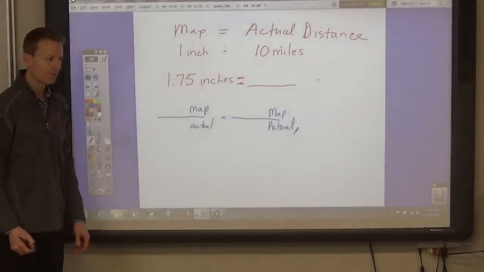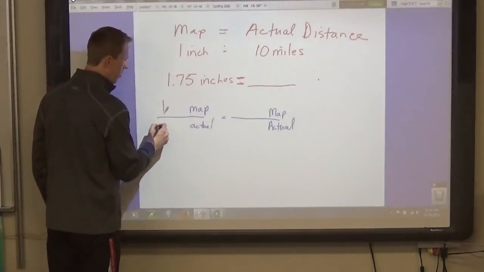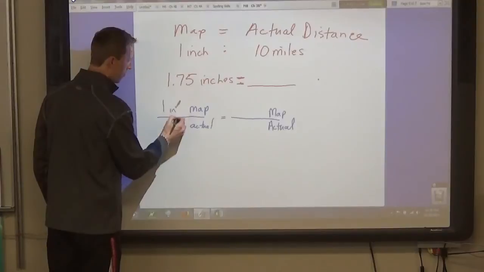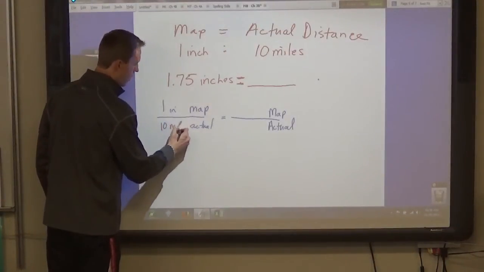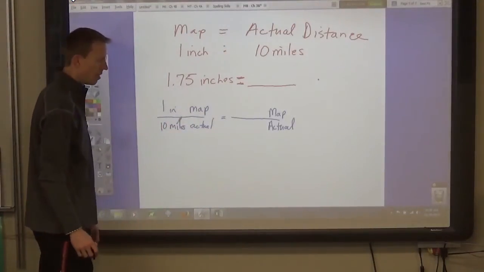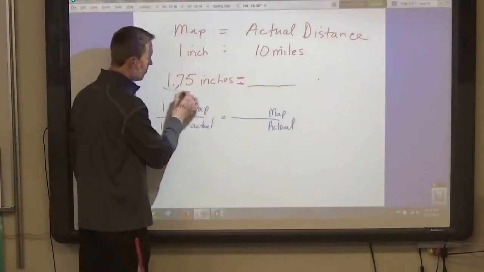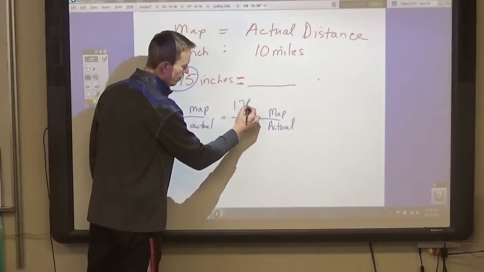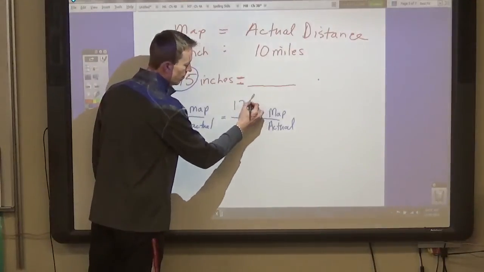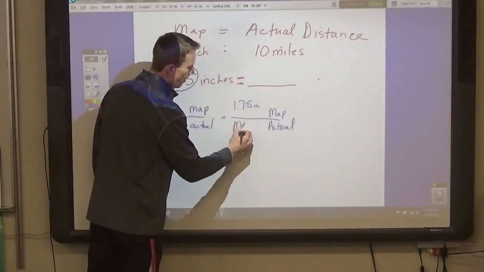So 1 inch to 10 miles equals 1.75 inches to m miles.